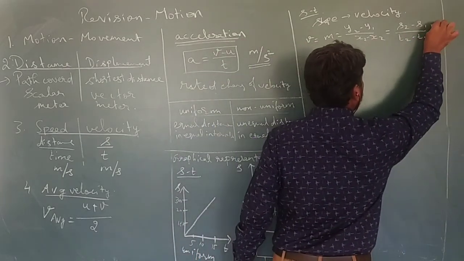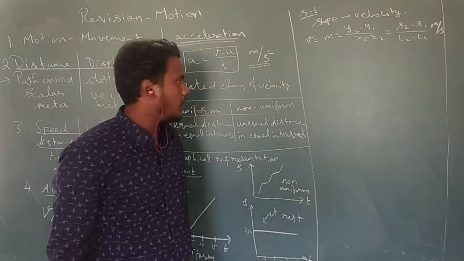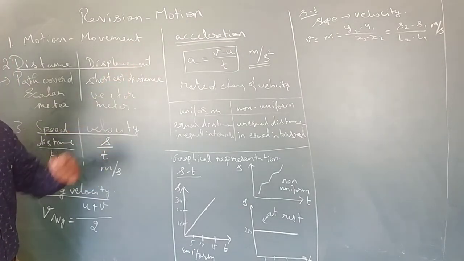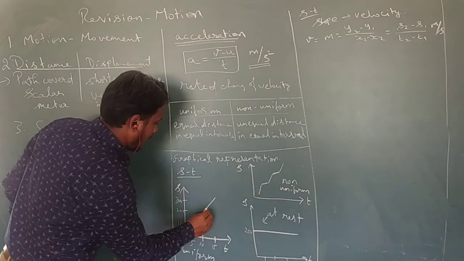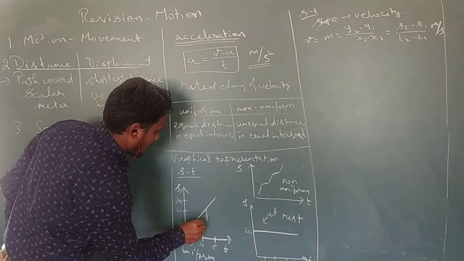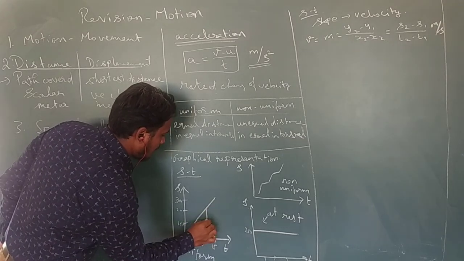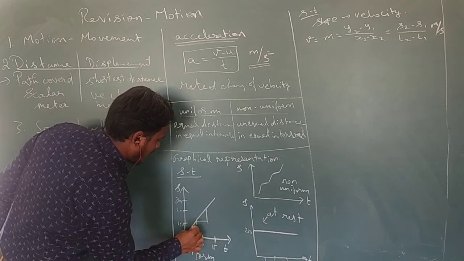The unit of s is meter, the unit of time is seconds, so distance by time gives velocity. We know that s by t equals velocity. So (s2 minus s1) by (t2 minus t1), if I take a particular slope here, this point will be s2, this point will be s1, and similarly t1 and t2.